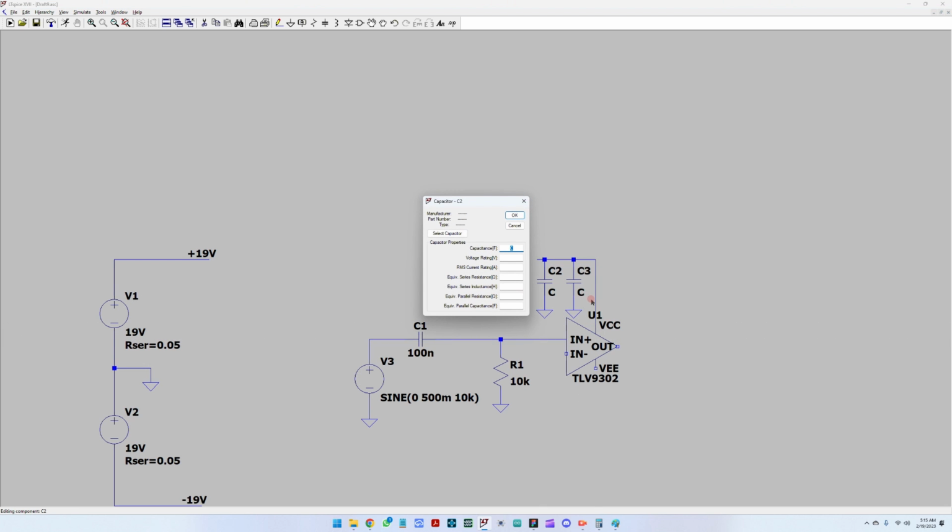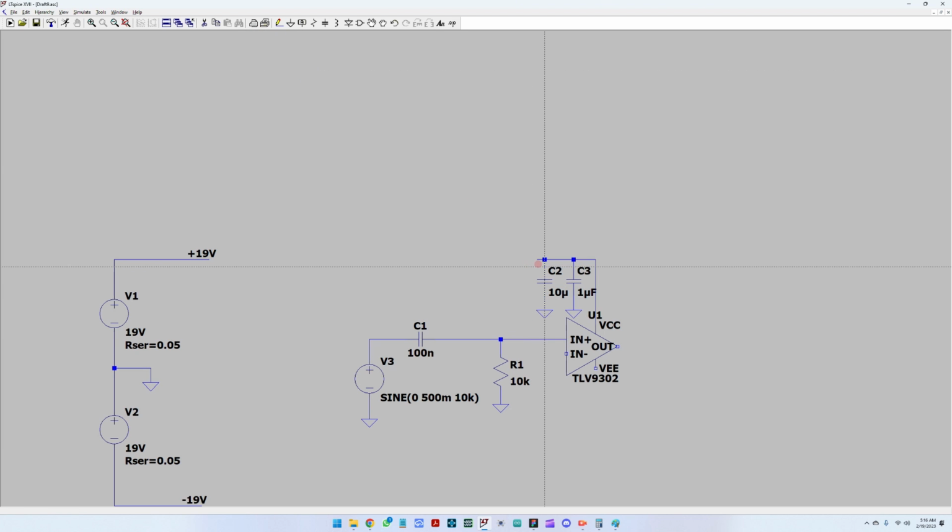So I'm going to put like a 10 microfarad capacitor and a 1 microfarad capacitor here, so that they are a decade apart, so that we have some filtering here. In case we have noise on this line, these capacitors will filter it before it goes into the operational amplifier.